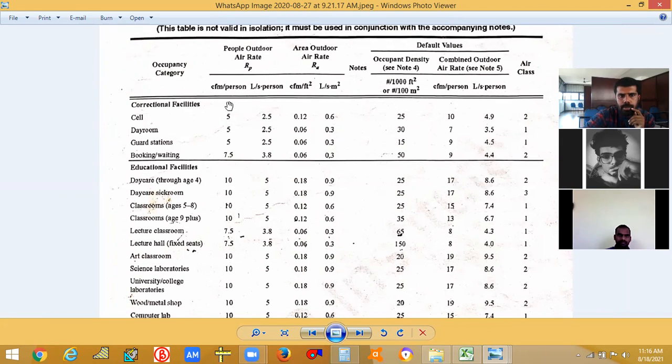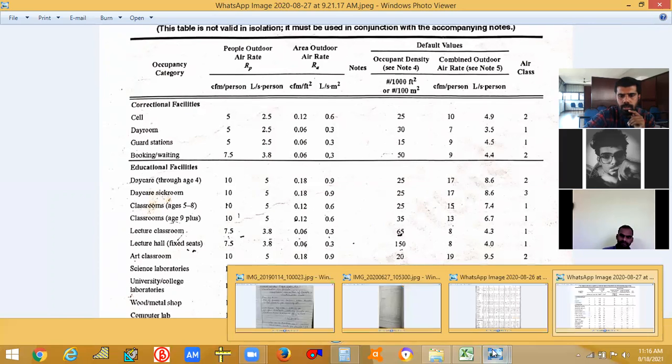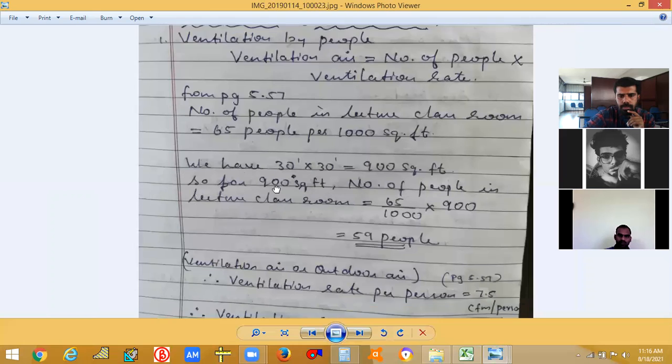Okay, CFM per person 7.5, and CFM per square foot 0.06. So this value also we need for the next calculation. CFM per person is 7.5 for lecture classroom. CFM per square foot is 0.06 for lecture classroom.